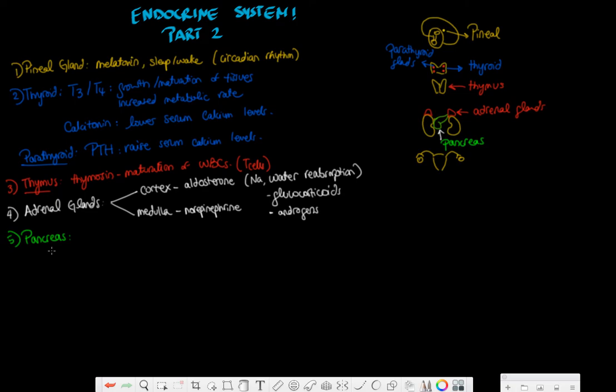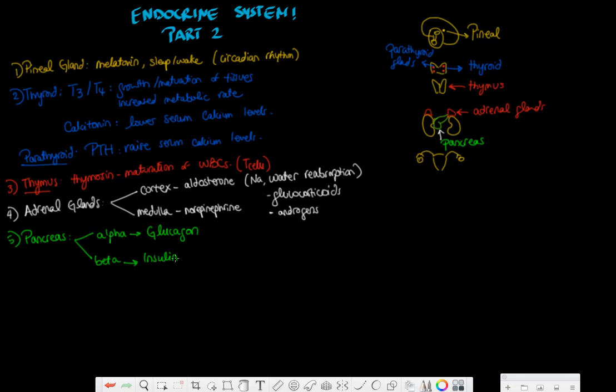But today we're going to look at its endocrine function, and for that we have two types of cells that are going to release the two hormones we're going to be discussing. We have alpha cells and beta cells. Alpha cells release the hormone glucagon. Beta cells release the hormone insulin, which you have probably heard of.